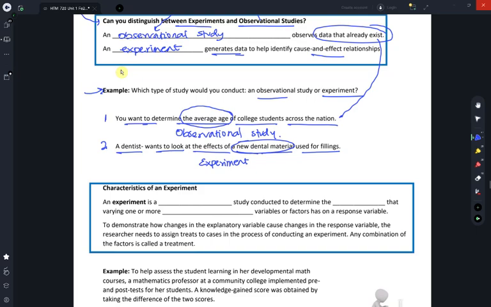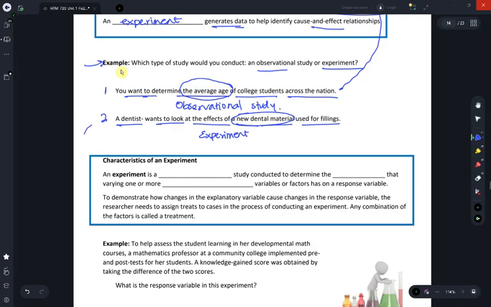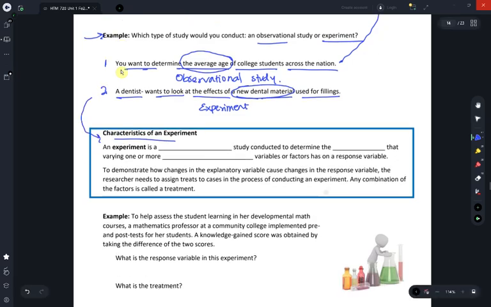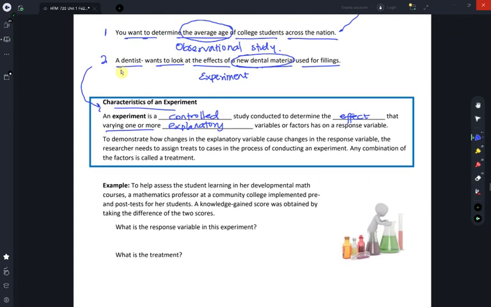So, in general, we talk about the characteristics of an experiment. It is usually a controlled study to determine the effects that varying one or more explanatory variables or factors has on a response variable.